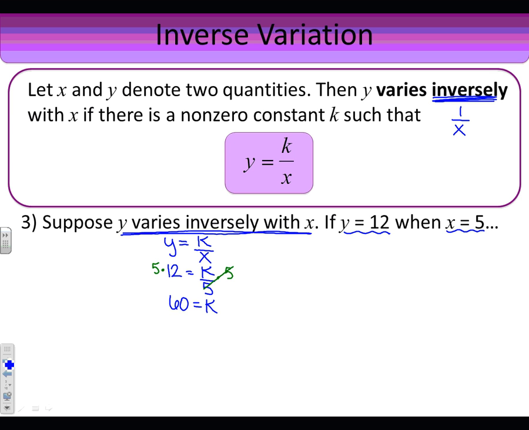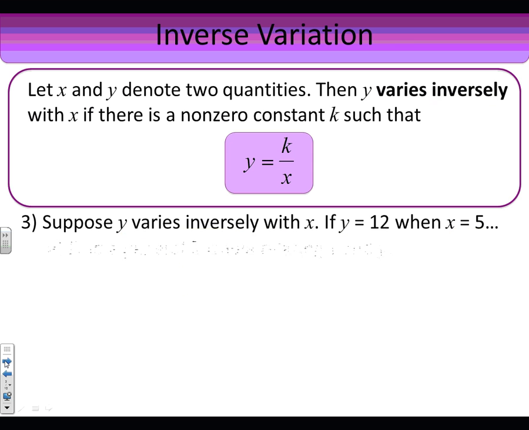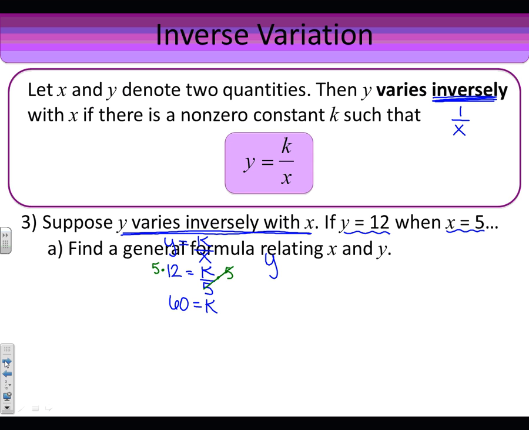And I get k equals 60. Okay, so my general formula, oops. Now let me rewrite that really quick so we can write that down. I got a little ahead of myself and knew exactly what we were going to need to do.